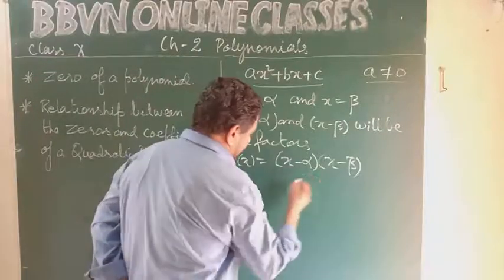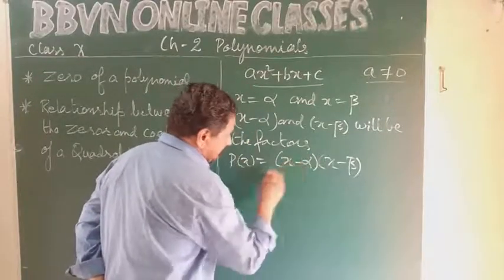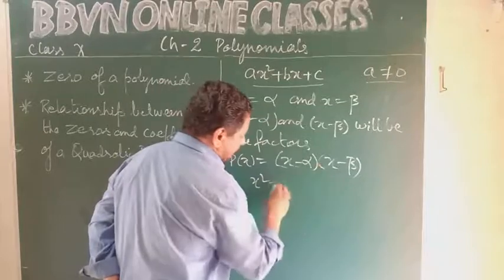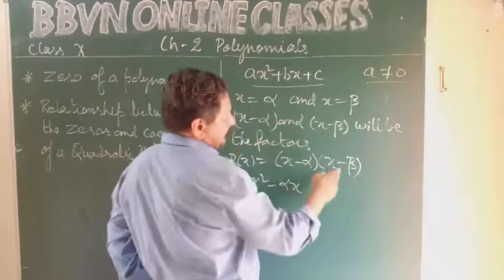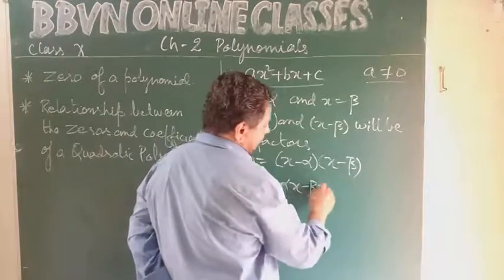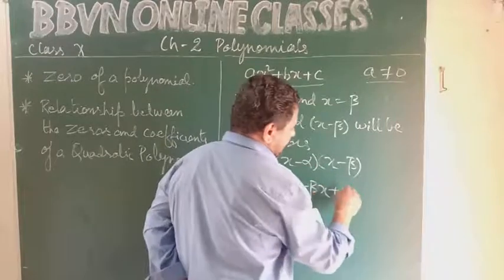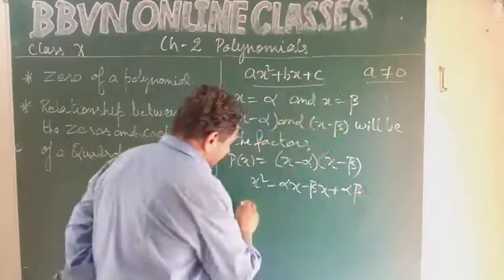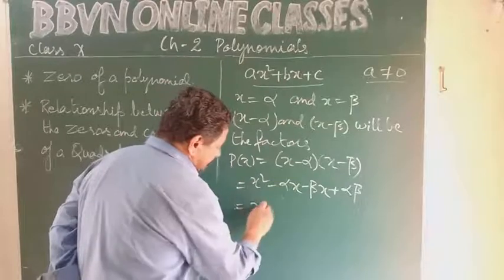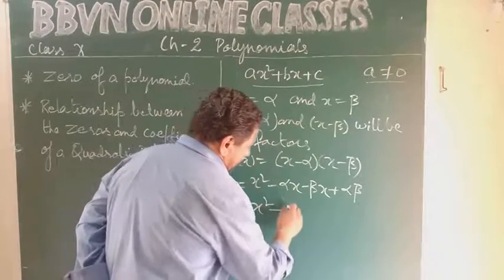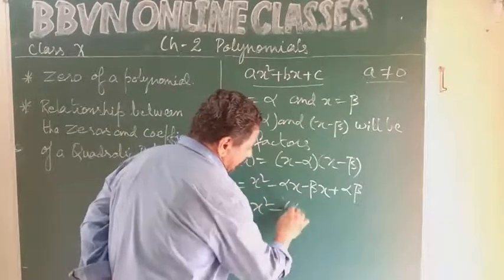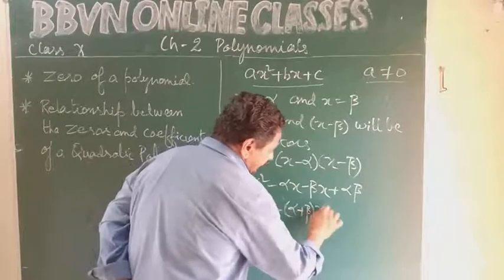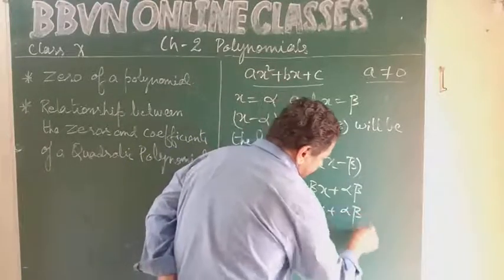Let us multiply it. X into x, x square, minus alpha into x, minus alpha x, minus beta into x, minus beta x, minus alpha into minus beta, plus alpha beta. So this polynomial becomes x square minus, taking x common, alpha plus beta x plus alpha beta.